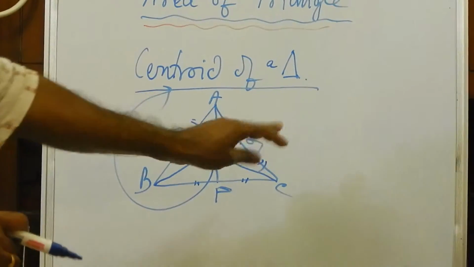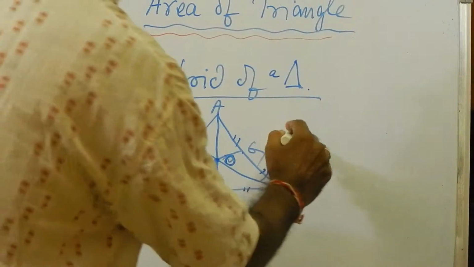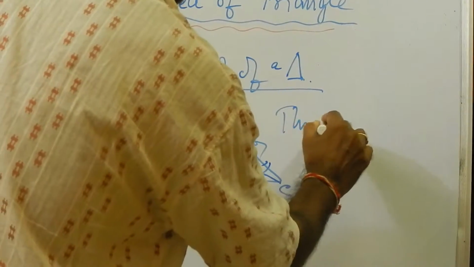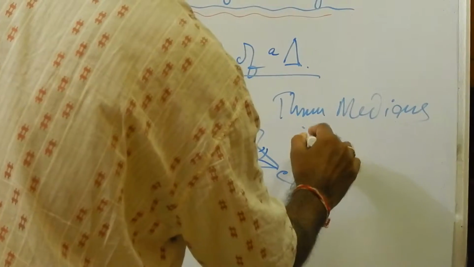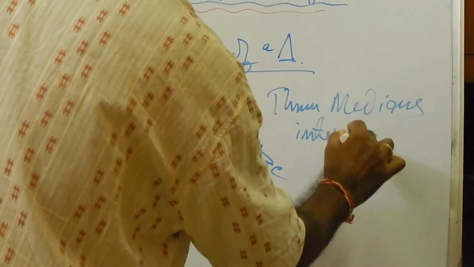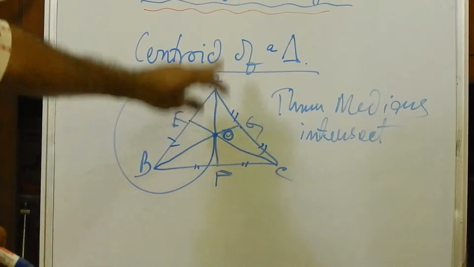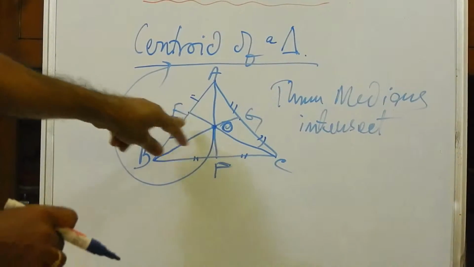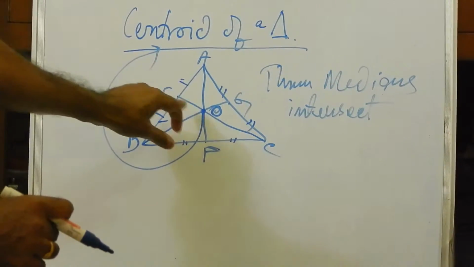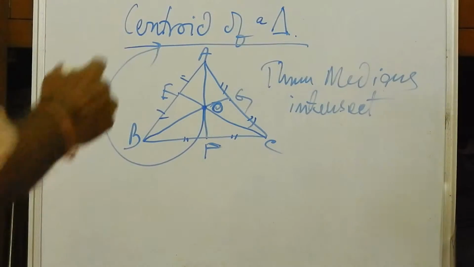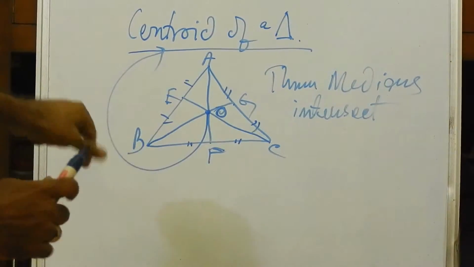O, where the 3 medians intersect. The three medians AF, BG and CE intersect at O. So O is the centroid of a triangle, and here is also the measurement.